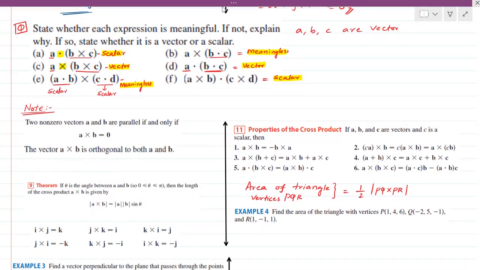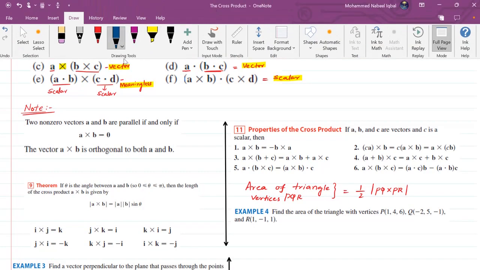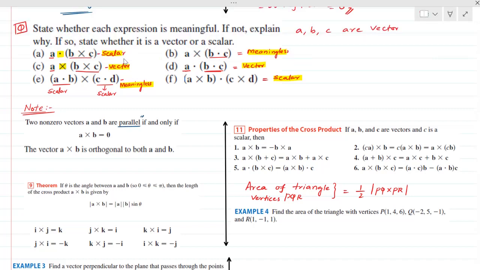Now see here, when the dot product is equal to 0, we say it is perpendicular. But when the cross product is equal to 0, it is parallel. So when we say this cross product is orthogonal to A and B, what do you have to prove?